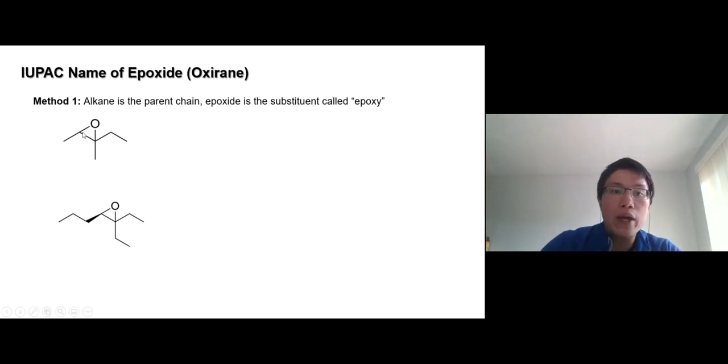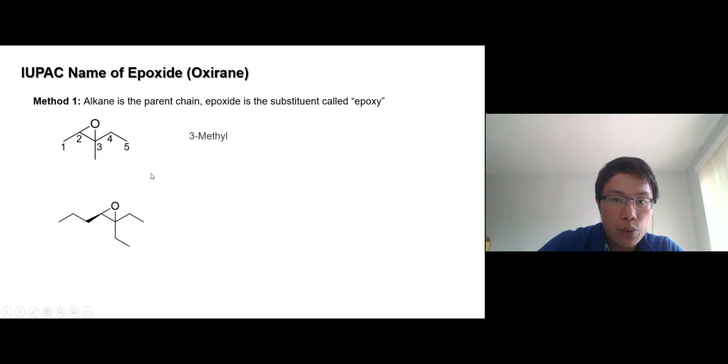Method 1. We look at the epoxide as a substituent called epoxy, right? This is an epoxy group. The parent chain is just like an alkane or alkyne. In this case, I'm going to count real quick: 1, 2, 3, 4, 5. We got methyl at 3, the epoxy group at 2 and 3, and this is pentane.